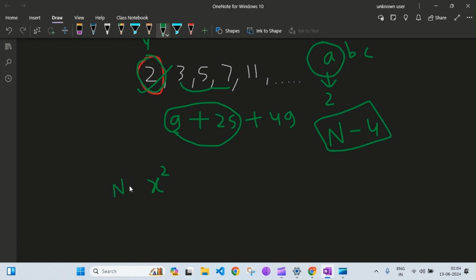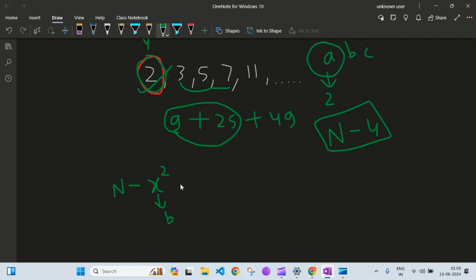If x square is greater than n, we break the loop. We run the loop only while x square is less than or equal to n, right? Only then can we find the third number, this c. We are currently taking this x as b, right?